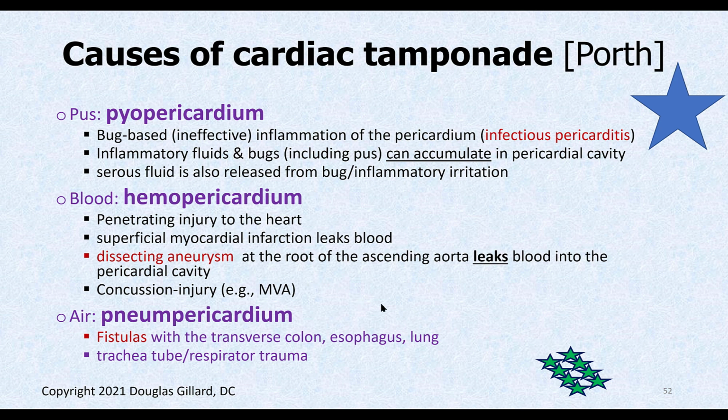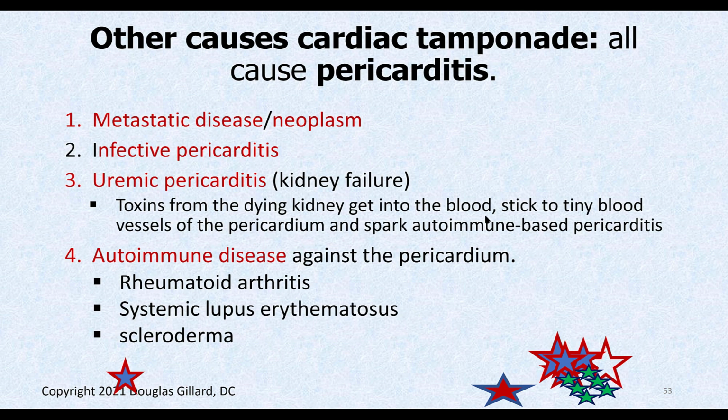It's possible to get gas if you get a fistula, an abnormal communication between the pericardial cavity and the lungs, or the transverse colon. It's possible to get air filling up the pericardium, or maybe a penetrating injury could do that as well. It's called a pneumopericardium, hemopericardium for blood, pyopericardium. Really easy for me to make test questions on that, so make sure you know those.